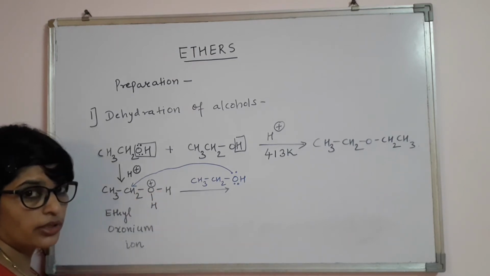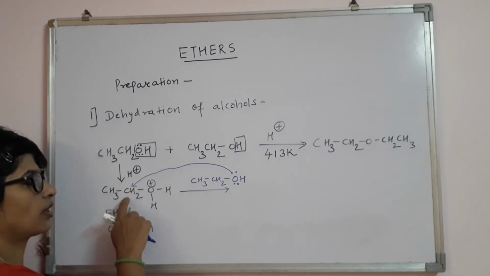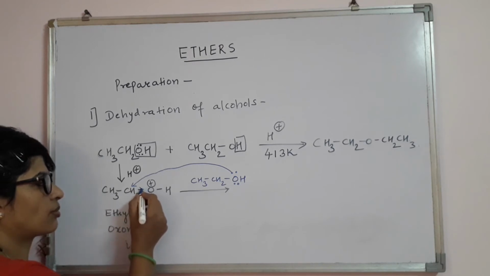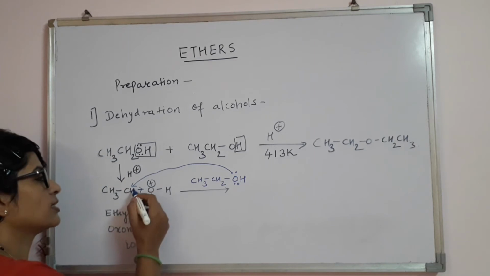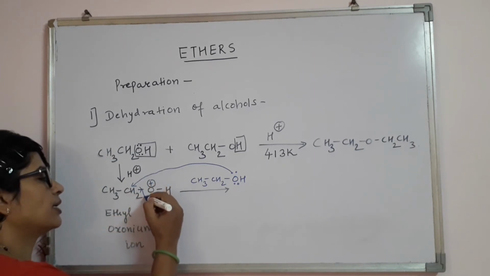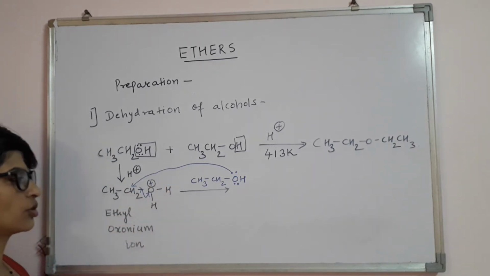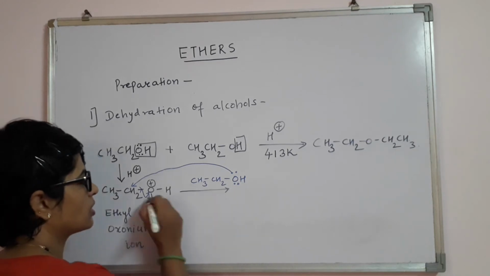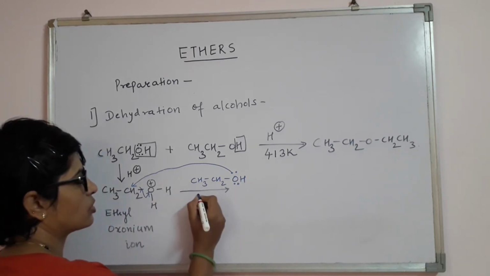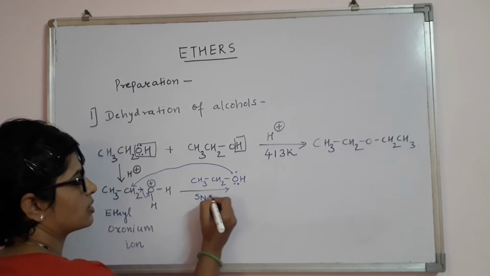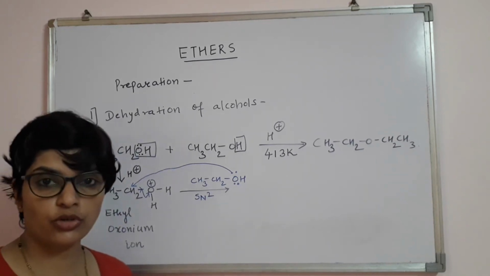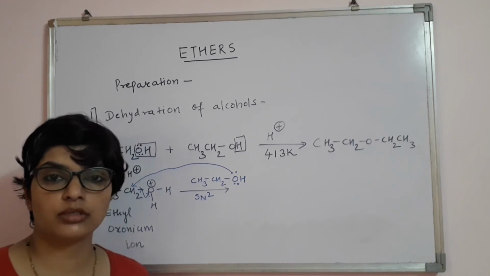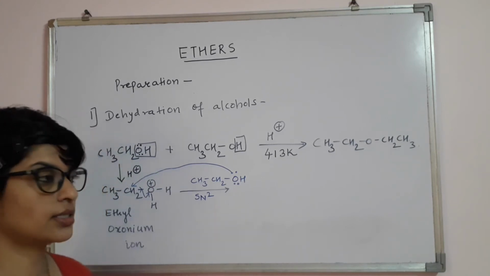It cannot make more than that. So we have to attack the carbon atom, because the electrons of carbon are being strongly pulled by the positive oxygen atom. As the attack takes place, immediately the bond breaks and a water molecule will be lost. This reaction is actually your slow step, and it is an SN2 reaction. It is nucleophilic substitution bimolecular, because 2 molecules are participating in this rate determining step.